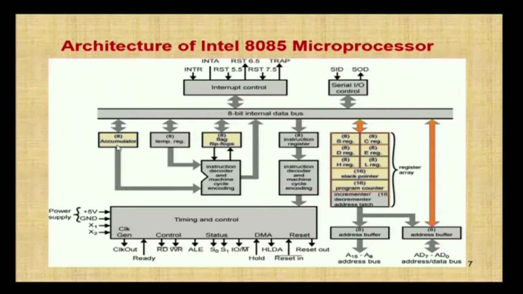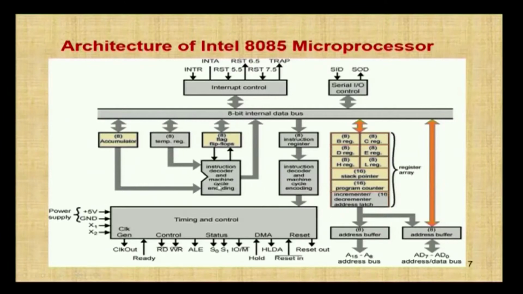Although so many things are shown, as a programmer it is enough we take note of only a few of these registers. Whatever is shown here in light yellow color are the important registers which will appear in our program, and we can access these registers through our software.